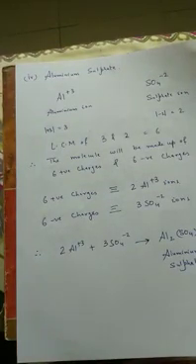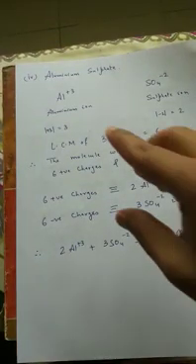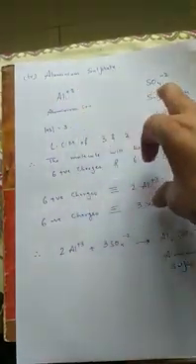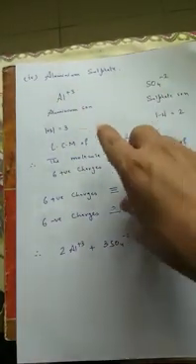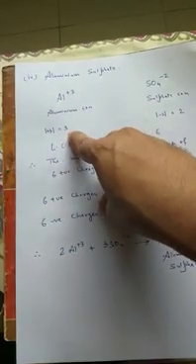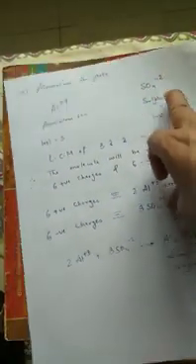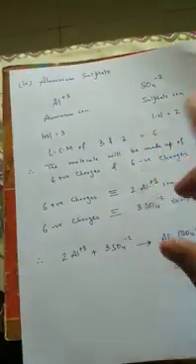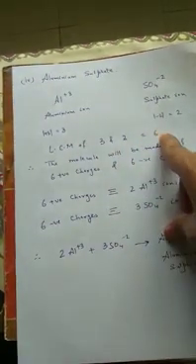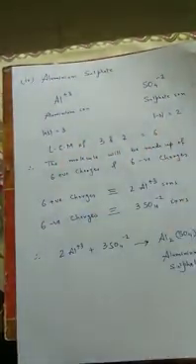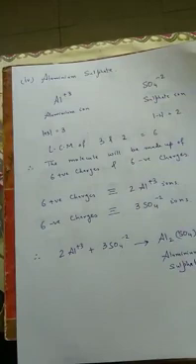Next comes aluminium sulfate. Aluminium carries +3 charge, whereas sulfate carries -2 charge. Modulus of +3 is equal to 3 and modulus of -2 is equal to 2. LCM of 3 and 2 is equal to 6. The LCM will determine that the system of aluminium and sulfate will carry 6 positive charge and 6 negative charges.